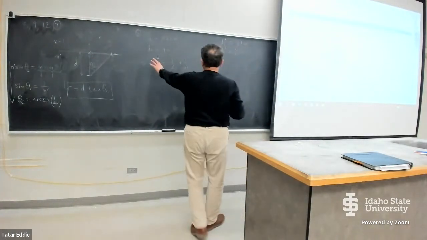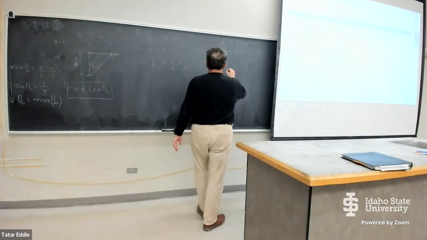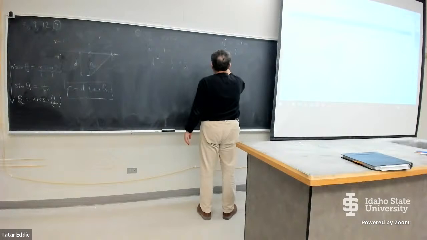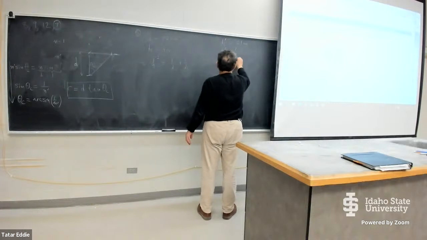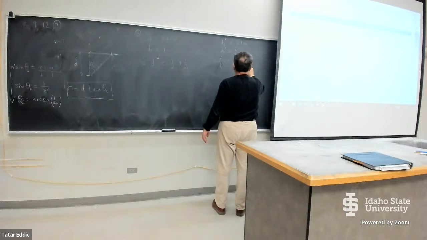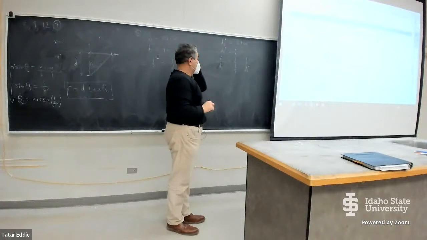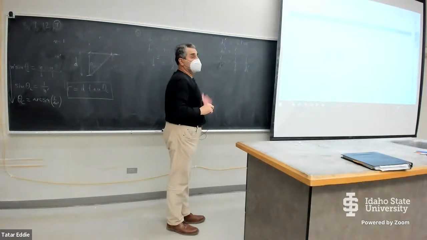Well, you already have the focal length from the first calculation. You say that the inverse of DO prime is equal to 1 over the focal length minus 1 over DI prime, which is given. And that's it. It should work.